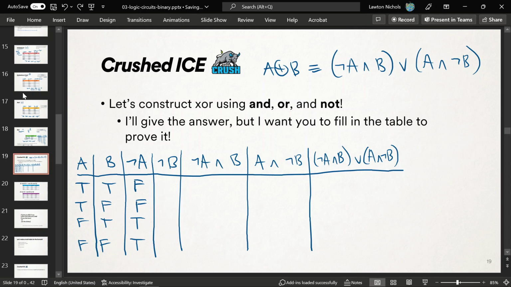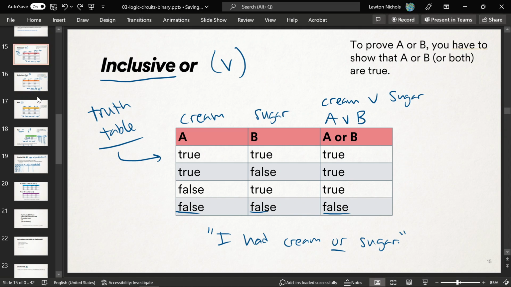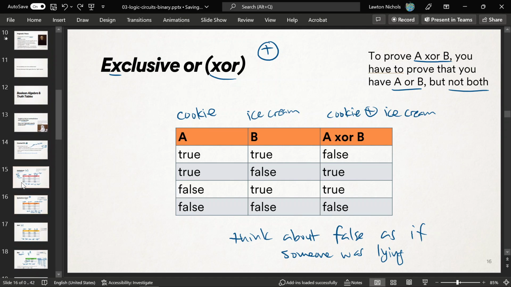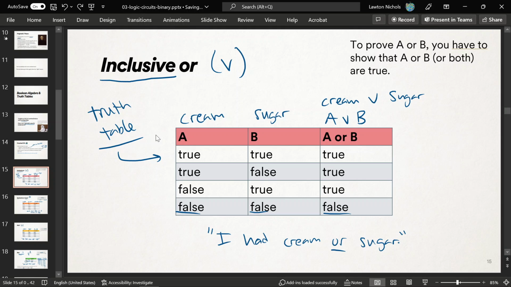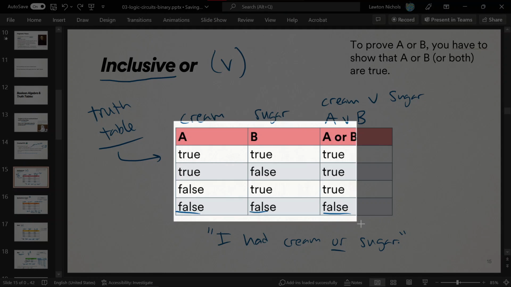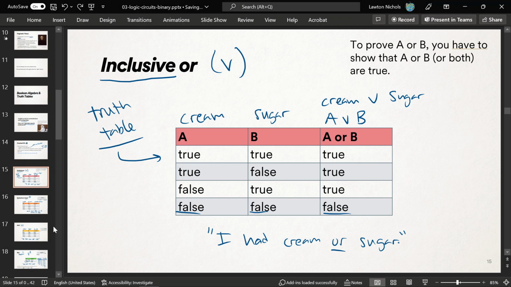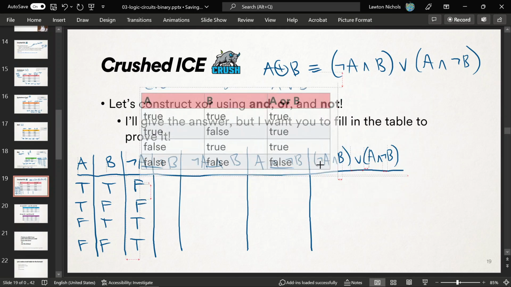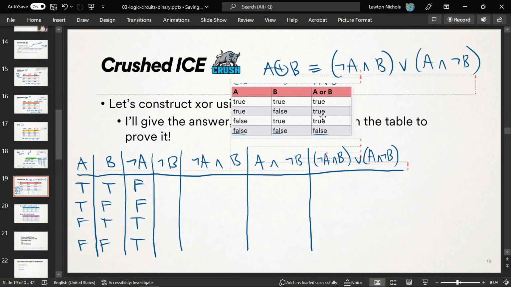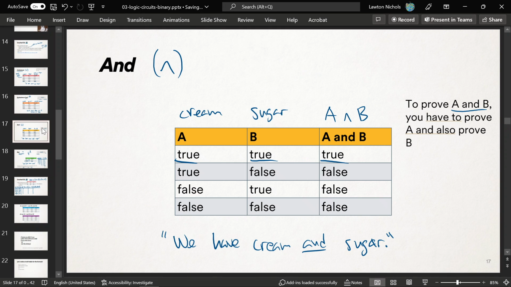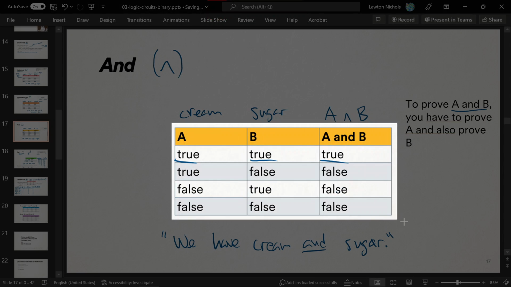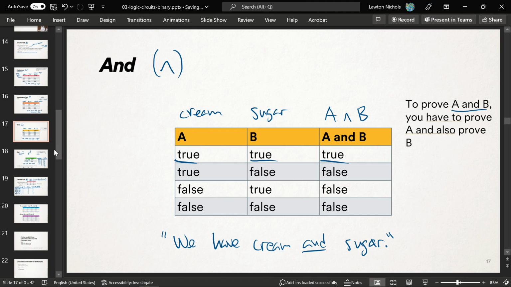Okay? So, just in case we forgot AND and OR, I think NOT is easy enough. Here's inclusive OR's truth table. I'll put it on the same slide while you work. Inclusive OR. I'll put it up here. And then here is AND. So I'll give you a few minutes to try this out, but I want you to fill in this table.